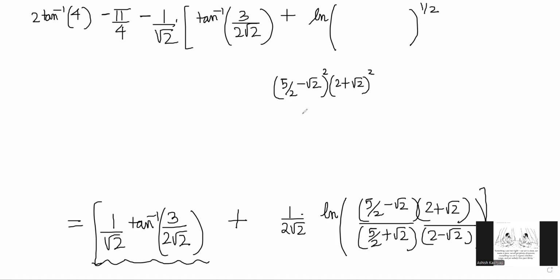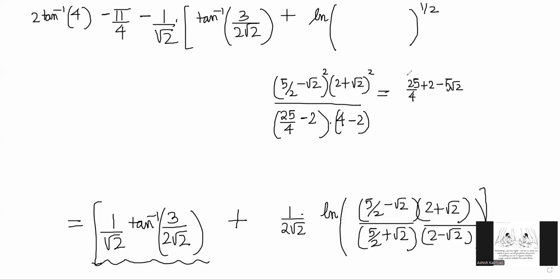So square, square. And this will give us 25 by 4 minus 2. And here it will get us a 4 minus 2, right? So let's simplify what this comes out to be. Let's see what is coming. So we are getting 25 by 4 plus 2 minus 2 into 5 by 2, so 5 root 2, multiplied by 4 plus 2 plus 2 into 2, 4 root 2, right?